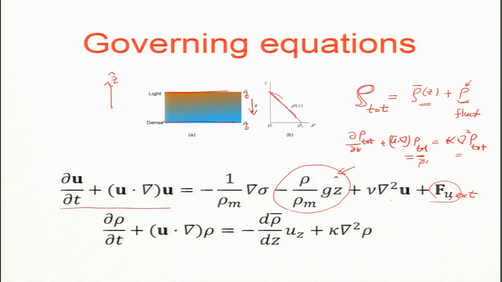What will come from rho bar z? It is changing along the z direction, so it will be u_z d by dz of rho bar z, one term, other terms will be 0. The other term will be u dot grad rho. This is the second term, and this is the first term which has gone to the other side with a negative sign.